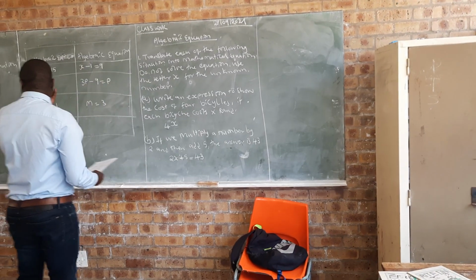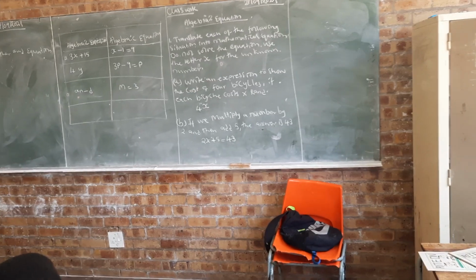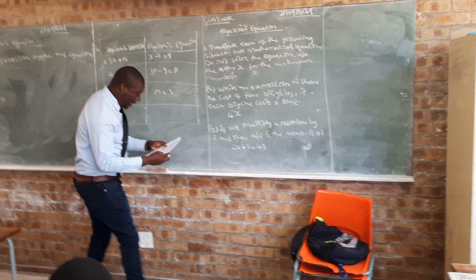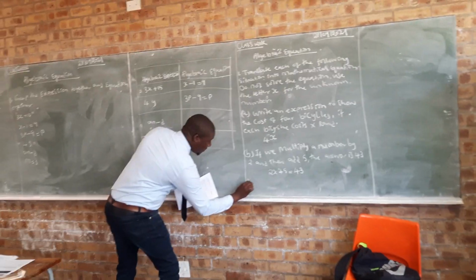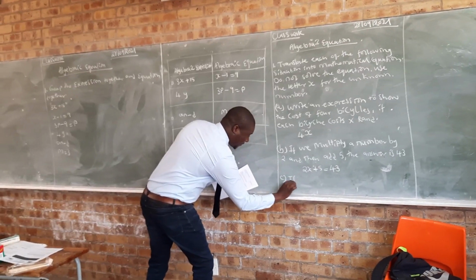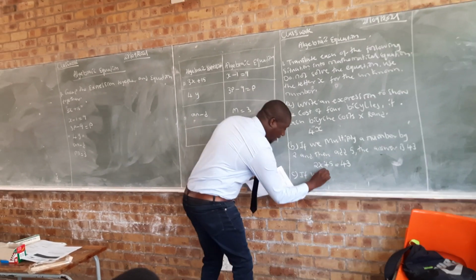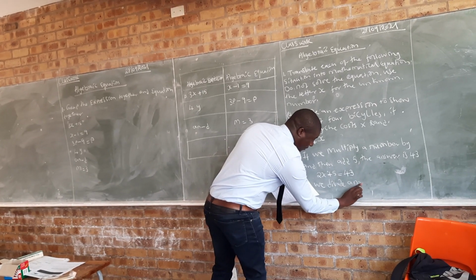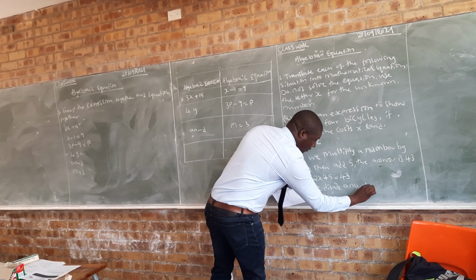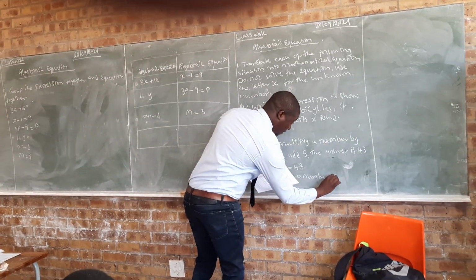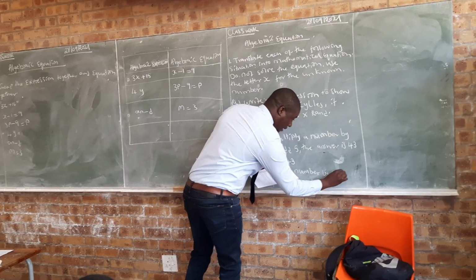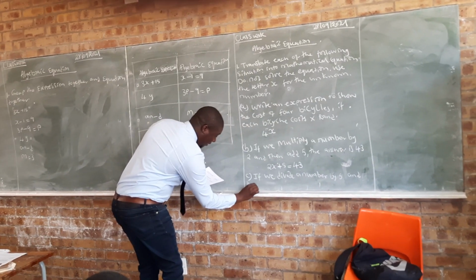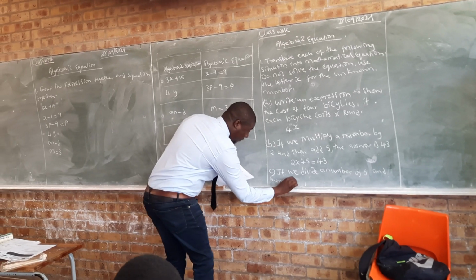Okay, let's try another one. Number C: if we divide a number by 5 and then add 8.